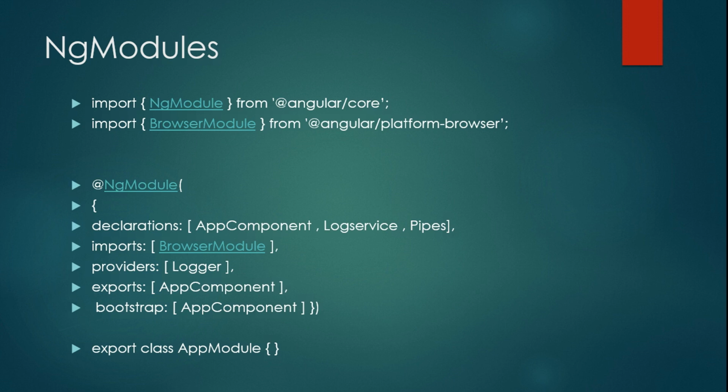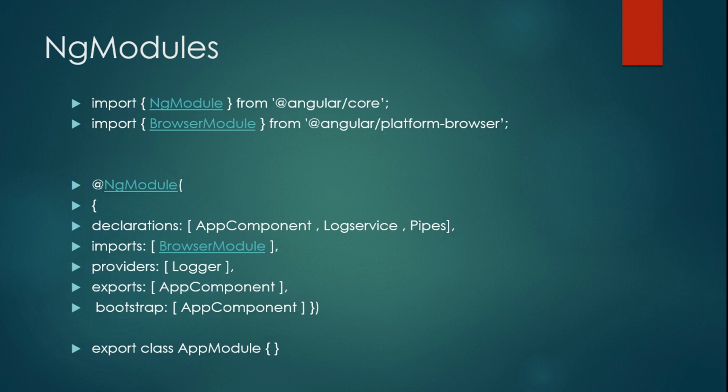So these are all about NgModules. NgModules are used to create a functional module within an Angular application. The root NgModule is actually the compilation context of that application. Whichever components are declared under the declarations property, only those components are available for that Angular application.